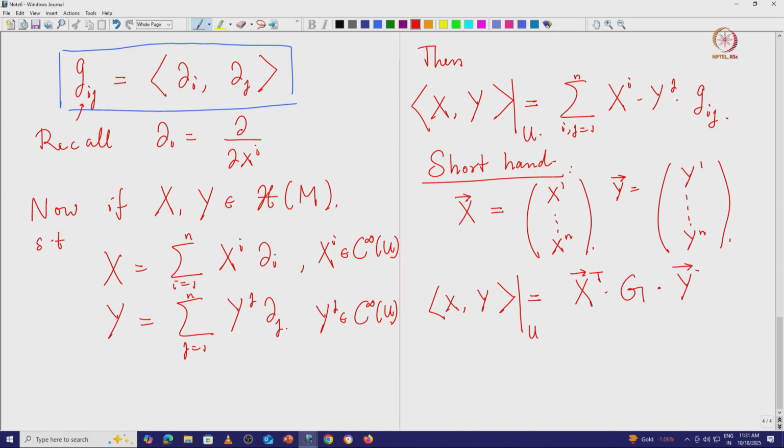Okay. So this is a useful shorthand for the inner product of two vector fields on this coordinate neighborhood.